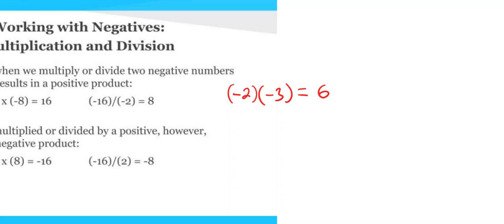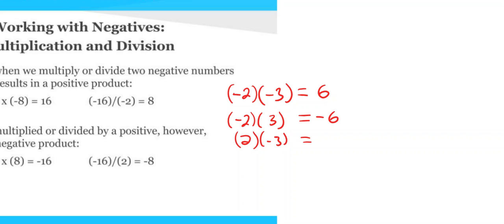I'm going to do all the variations here just to make sure we remember. What if it was, let's say, -2 times 3? What do you get if you go a negative times a positive? Negative. Yeah. Okay. Negative. Good. So that would be -6. What do we get if we go 2 times -3?